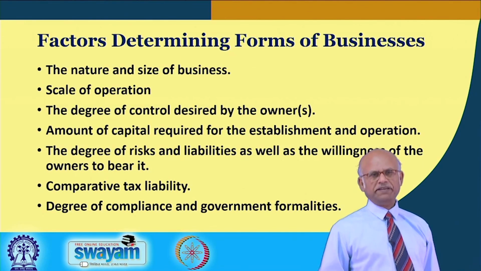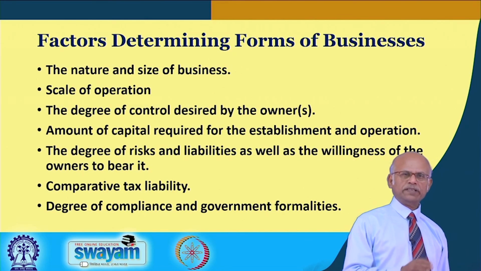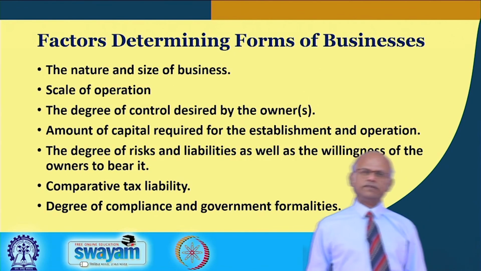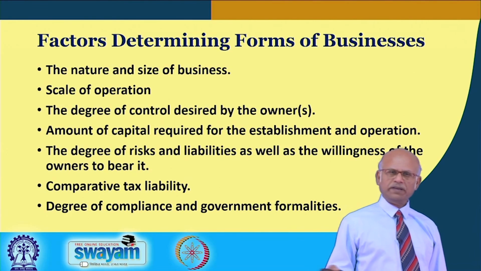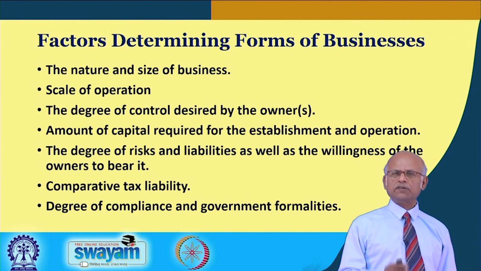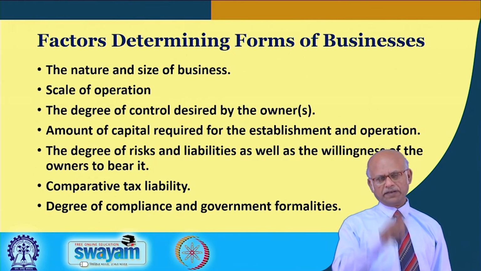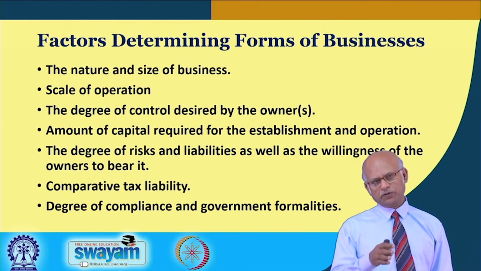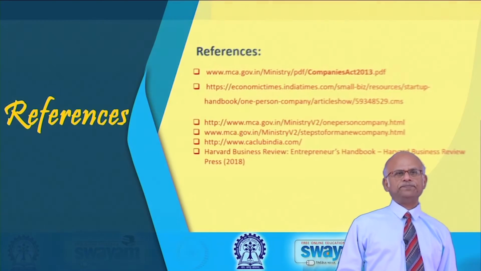Comparative tax liability: I have discussed that a corporate has a 30% tax rate, whereas a proprietorship has a slightly higher tax rate. Degree of compliance and government formalities is complex; as per my slide, the kind of pecking order I have shown, as you move forward the complexity of compliance increases.